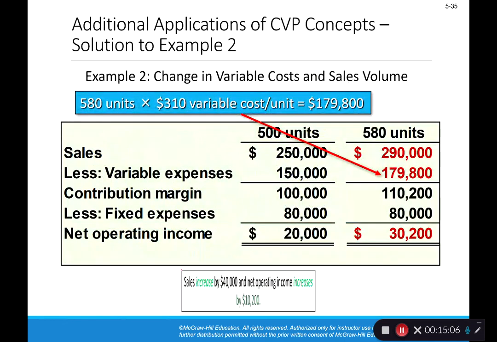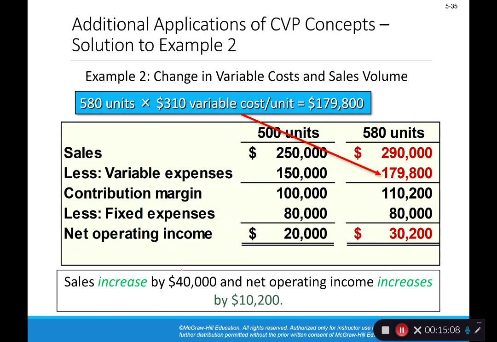And you can see that that's proven right here by doing out the entire income statement. So sales, we took 580 times the 500 selling price to get the 290. But for variable costs, the variable costs are now 310 instead of 300. So 580 times 310 gives me 179.8.